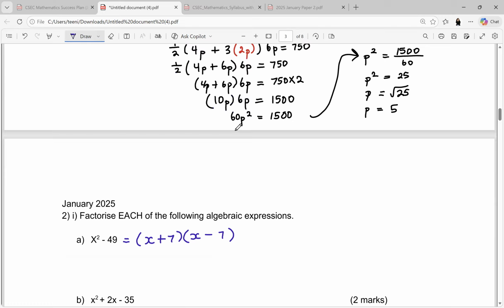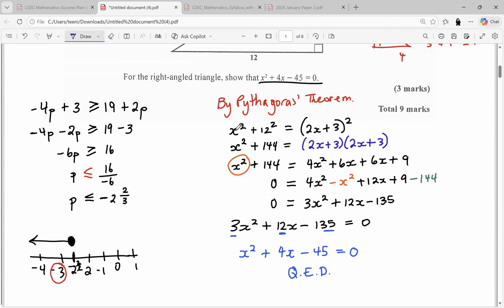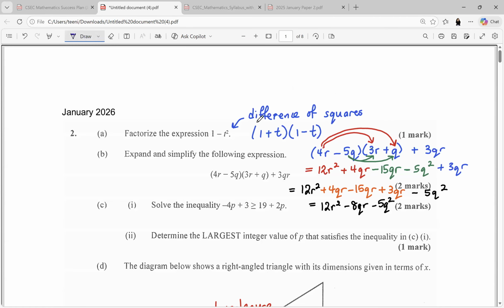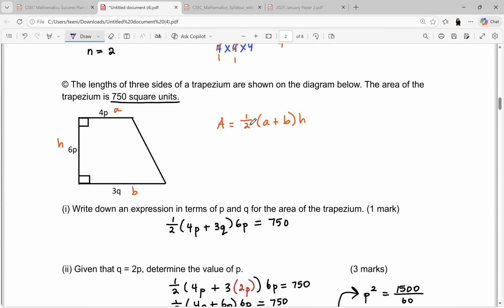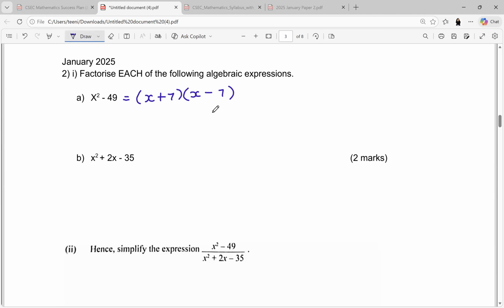Guys, it's exactly like this question here that we started with, a difference of squares, right? Like I said, the most difficult thing in terms of factorizing a difference of squares is identifying that it is a difference of squares. Because if you look at x squared minus 49, those two terms have nothing in common.